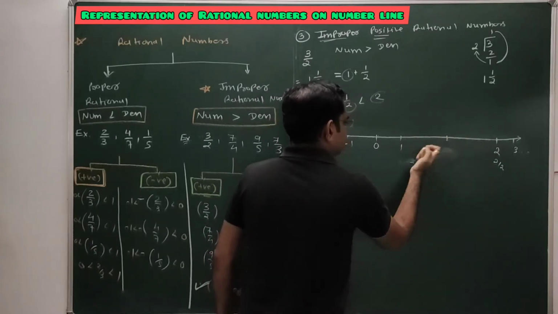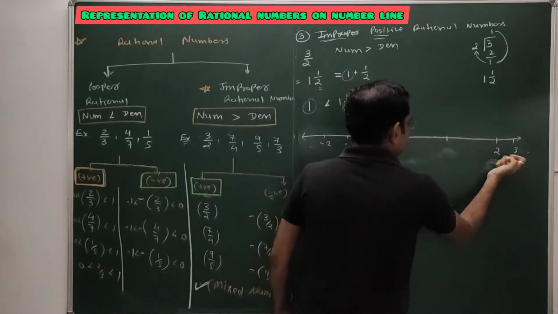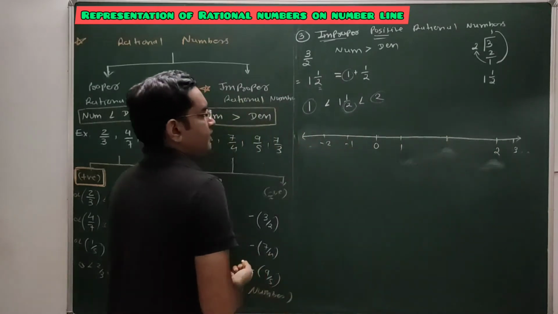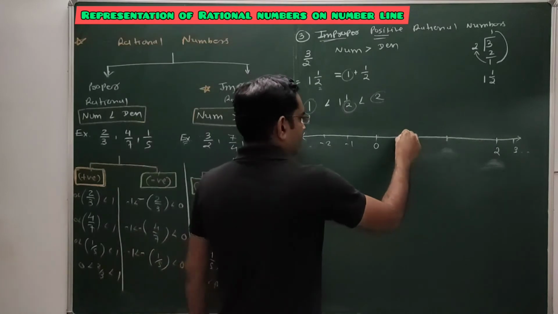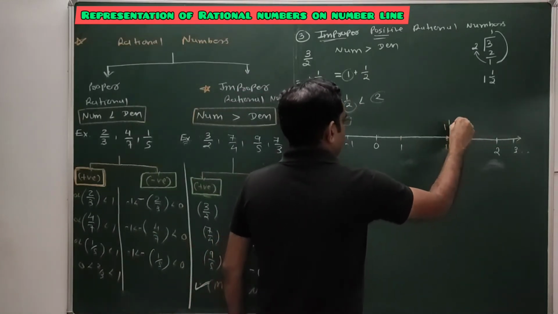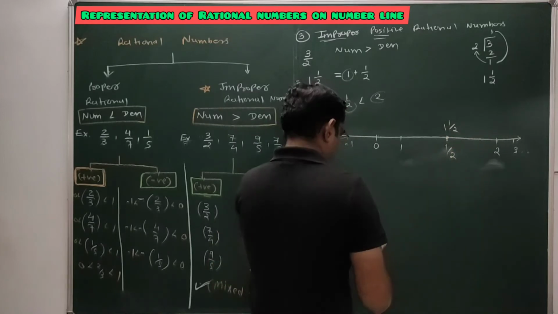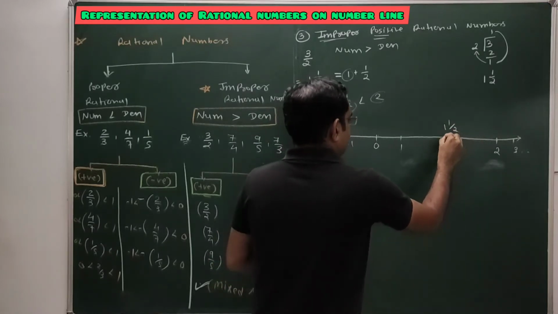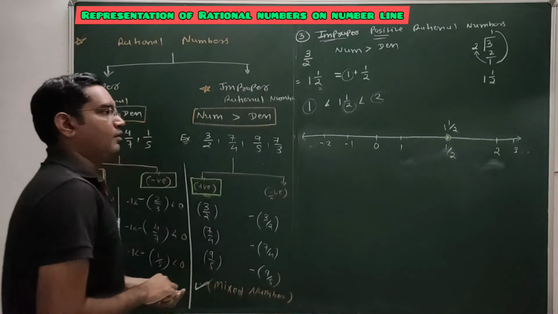Now 1 integer 1/2, so 1 is the full part and this is 1/2, so this number will represent 1 integer 1/2. So this is how we can represent this number 3/2 on number line.